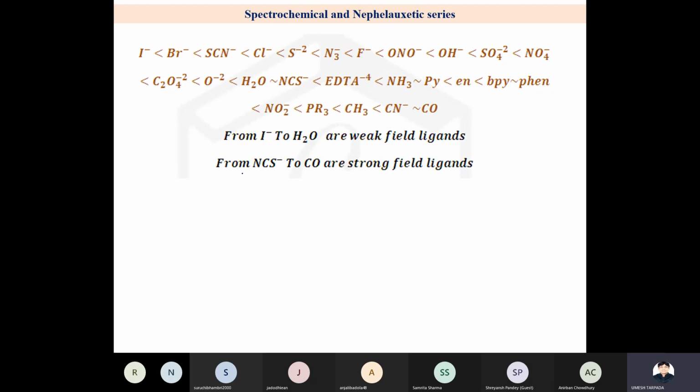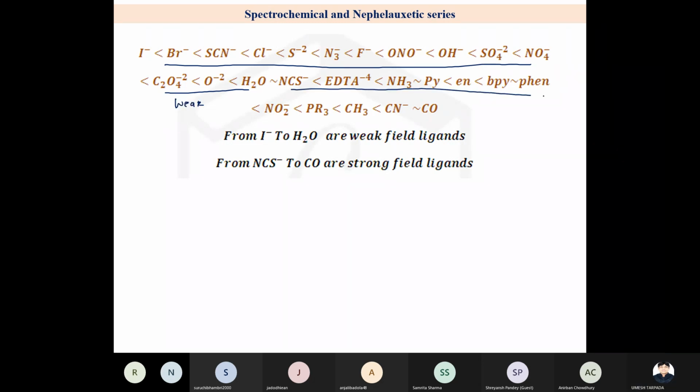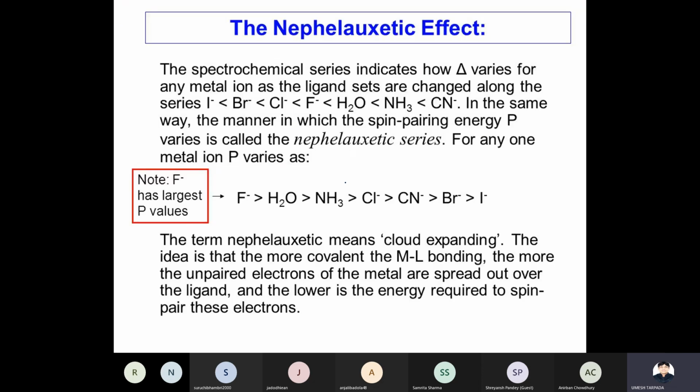So up to the water molecule, these are the weak ligands in this series, and from NCS onwards, these are the strong ligands. If the ligand is strong, then there will be pairing. If the ligand is weak, then there is no pairing.